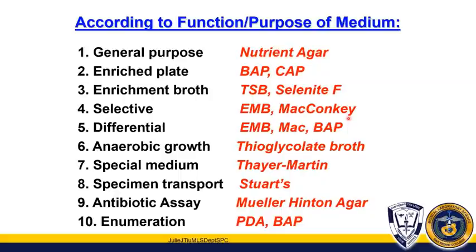Why selective? Because only gram-negative bacteria can grow on these media due to the addition of dyes and bile salts, to which the gram-positive bacteria are very sensitive. EMB and MacConkey can also distinguish between lactose and non-lactose fermenters.